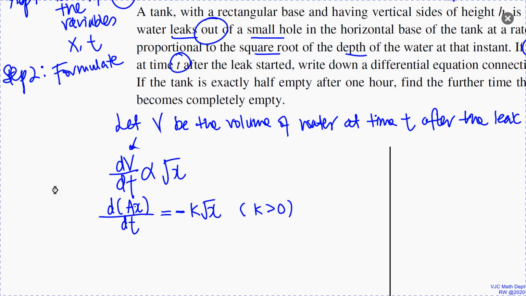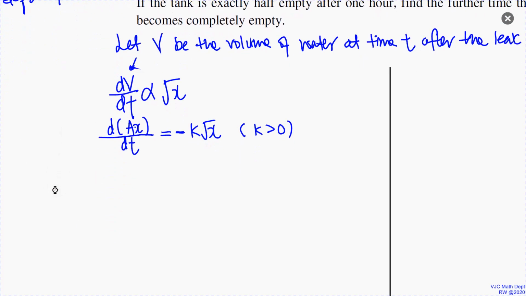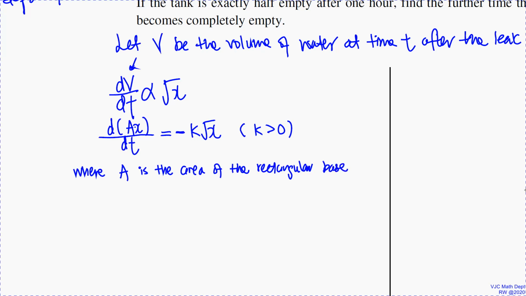So, since A is a constant, where, better define A, A is the area of the rectangular base. Now, the area of the rectangular base is a constant. It's a tank.